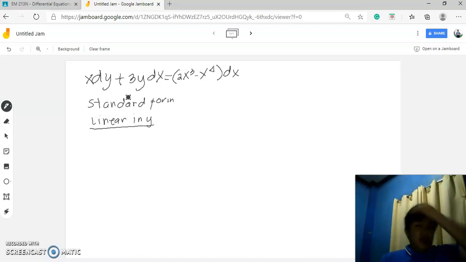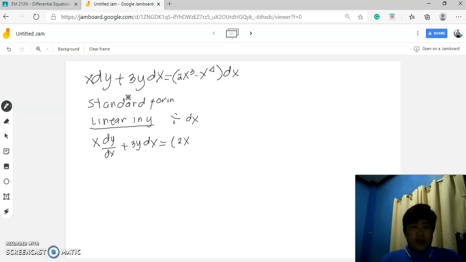So linear in y, in this case, we need to divide by dx. So we have x dy over dx plus 3y dx is equal to 2x cubed minus x raised to the power 4 dx over dx.